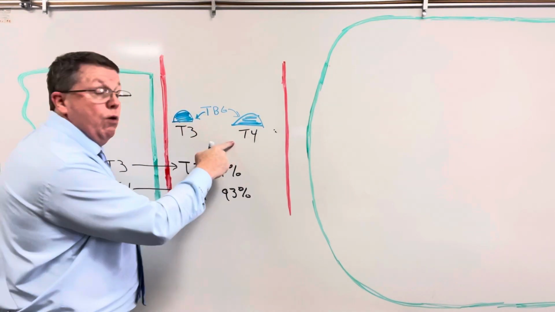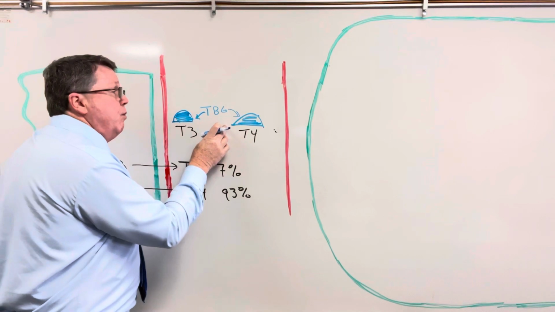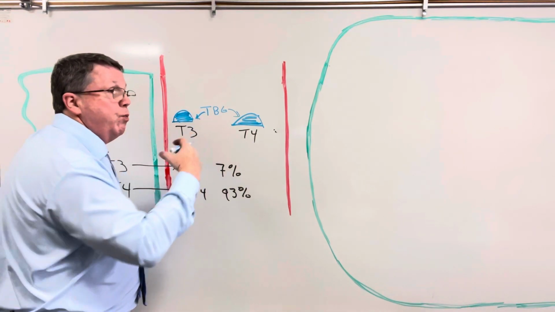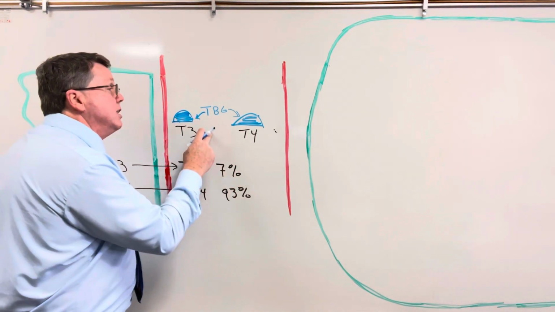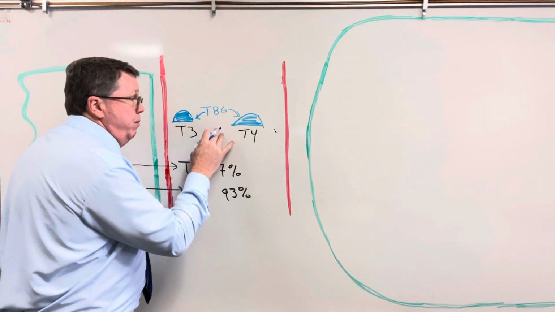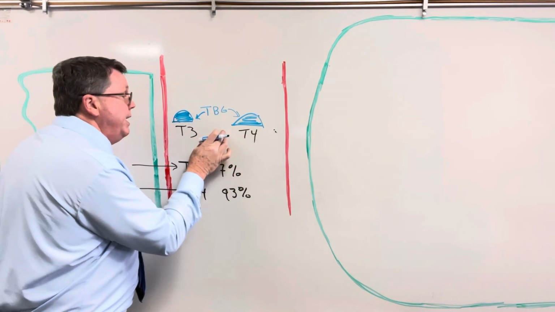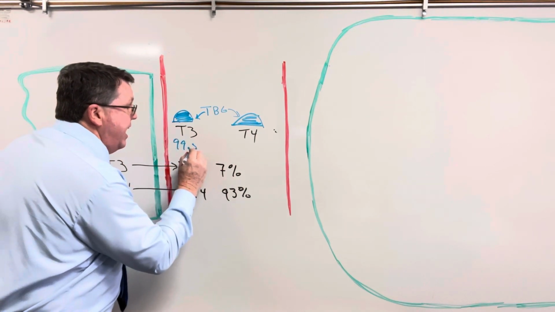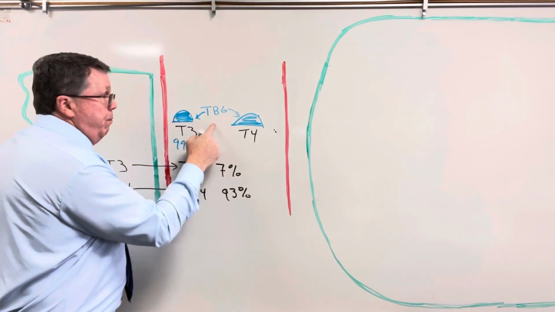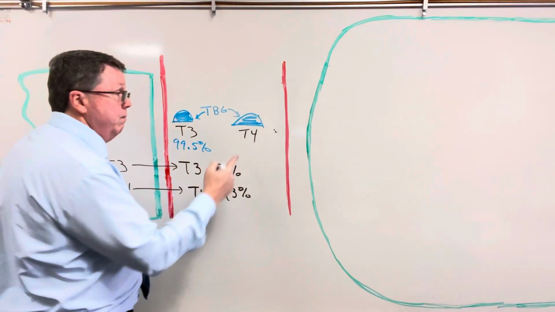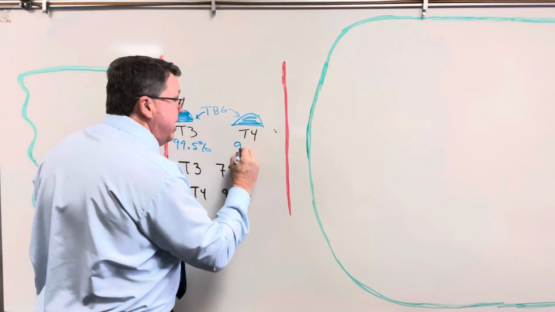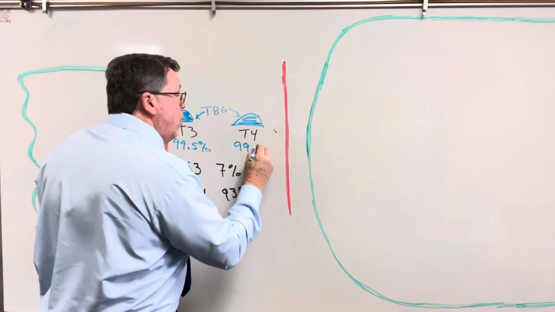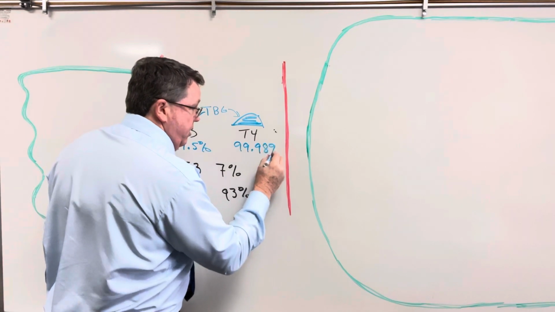That's what most of these will bond with. The other things it'll bond with are thyroxine binding prealbumin, or it'll just bond with albumin. But for the most part, about 99.5% of T3 will bond with some type of plasma protein. For T4, about 99.98% is going to bond.